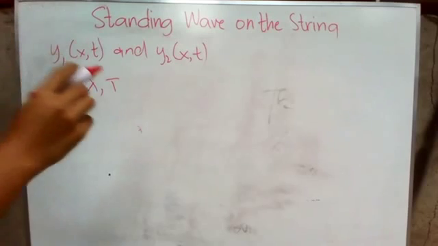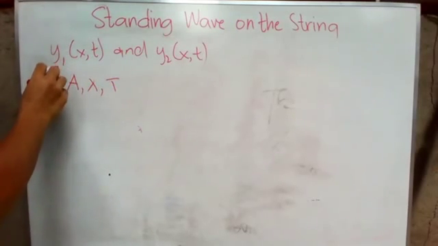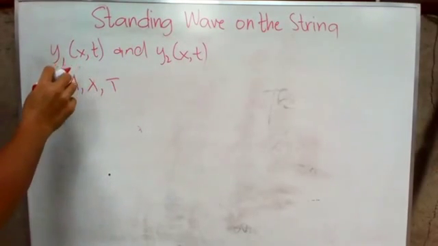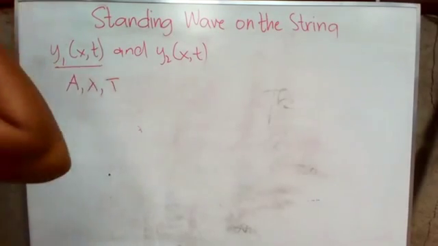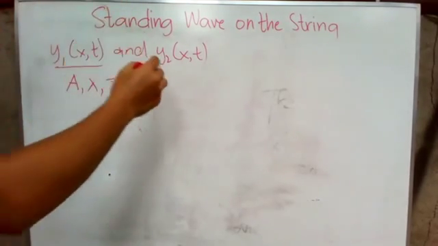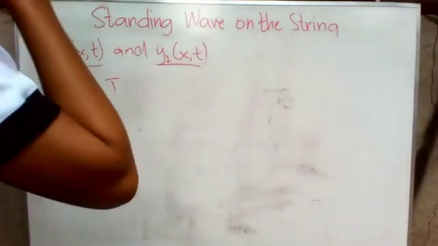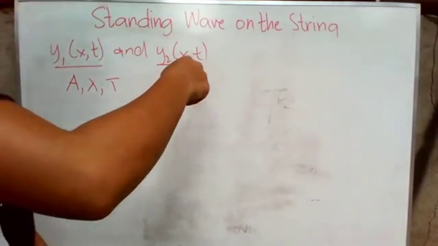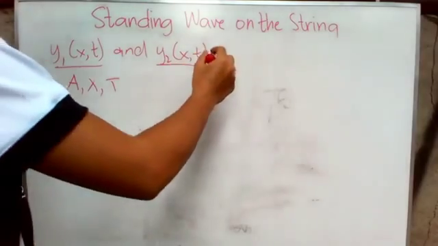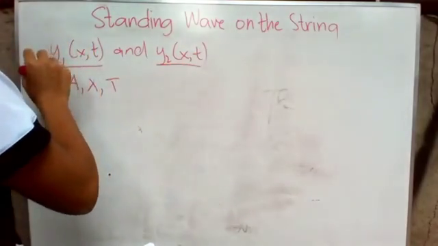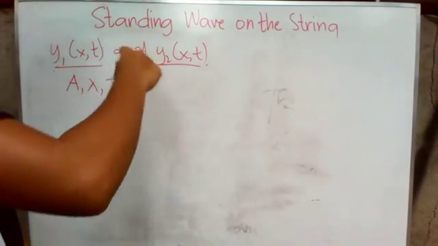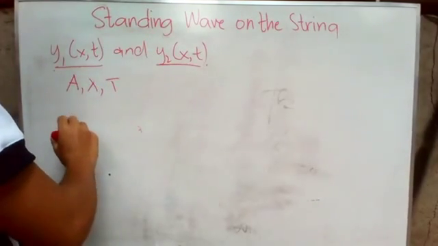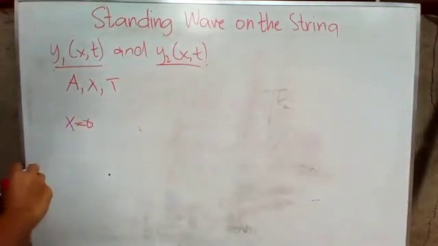This y sub 1 as a function of x and time represents the incoming or incident wave, while y sub 2 as a function of x and t is our reflected wave, which is traveling to x equal to 0.